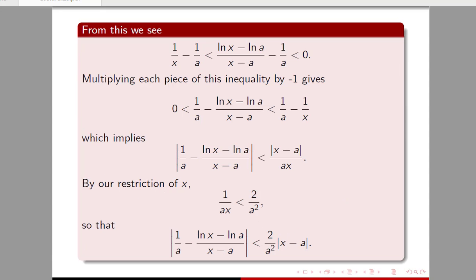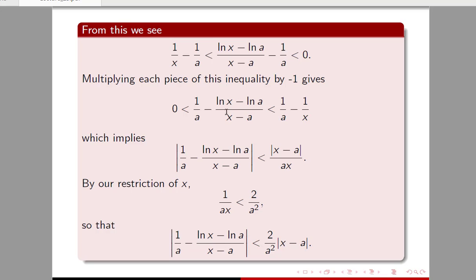Given that, I can subtract 1 over a from all three pieces of my inequality and get that 1 over x minus 1 over a is less than natural log of x minus natural log of a over x minus a minus 1 over a is less than 0. I then multiply this through by -1 to swap things around and get it in a more comfortable form for us.